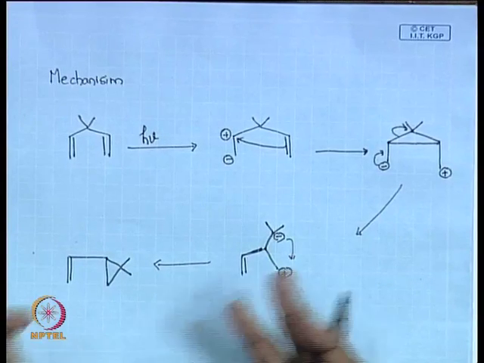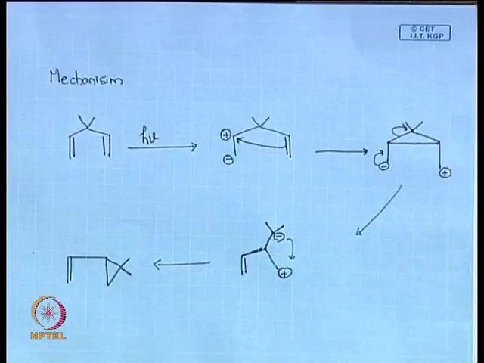This happens from the singlet state, because we know that an alkene in the singlet state exists more like a zwitterion, so I can move with a plus or minus.